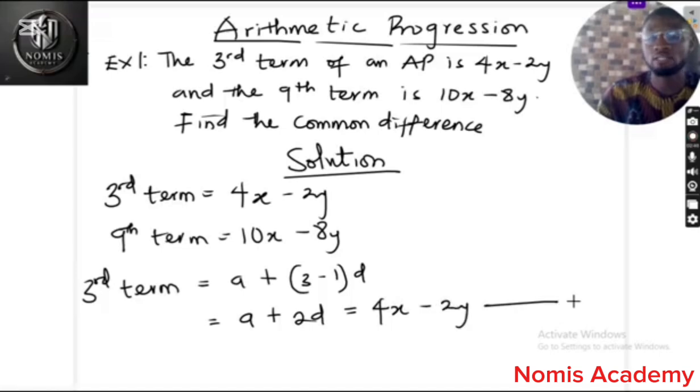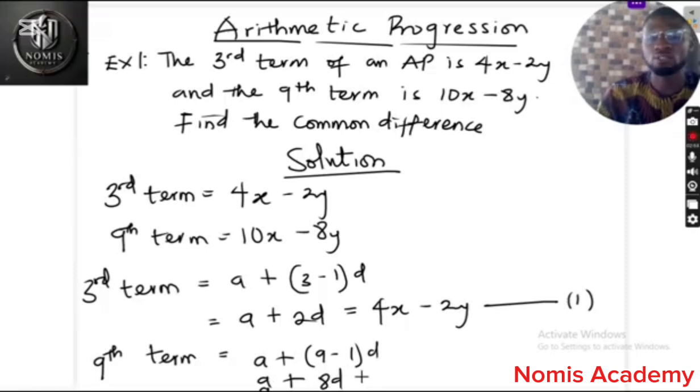Let's take that as equation 1. Now, what about the ninth term? The ninth term is a plus, open bracket, 9 minus 1, close bracket, d. 9 minus 1 is 8, right? So a plus 8d is giving us 10x minus 8y. Let's take that as equation 2.